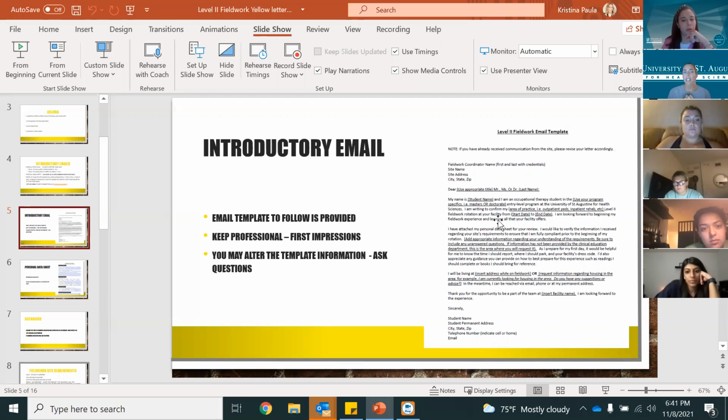But some things to add, just as you're asking questions, to remain professional, but we do suggest that you ask some of the onboarding requirements. So you can ask your fieldwork educator, what are some of the onboarding requirements required before I begin? If you haven't found any living accommodations, then it's a good time to ask them, where are some living arrangements that students have used in the past?